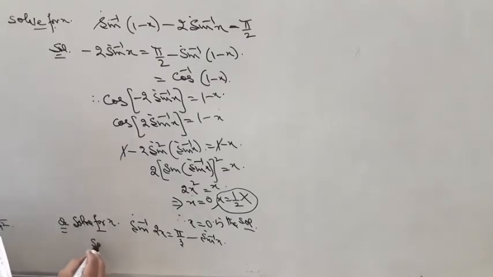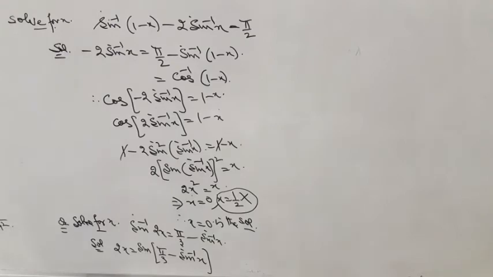So for the solution, we have 2x is equal to sine of pi by 3 minus sine inverse x. Now apply here sine a minus b.